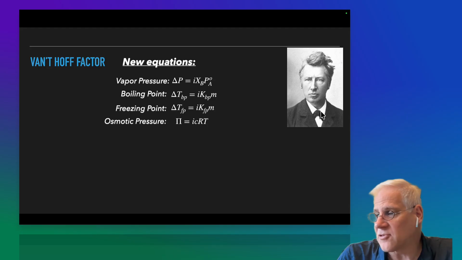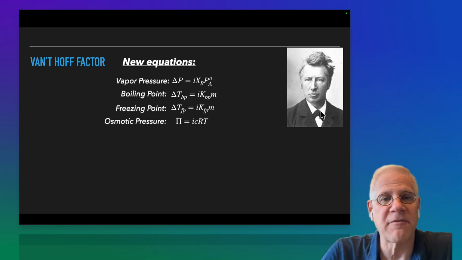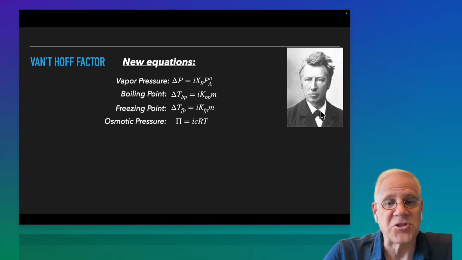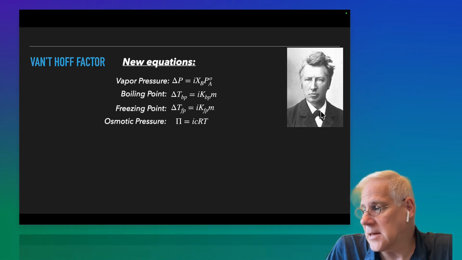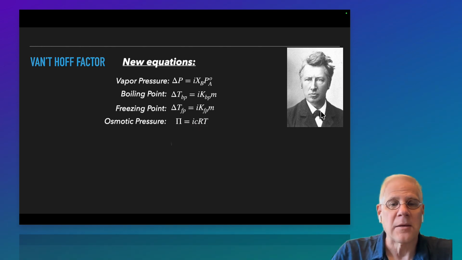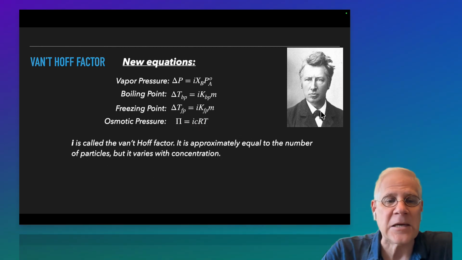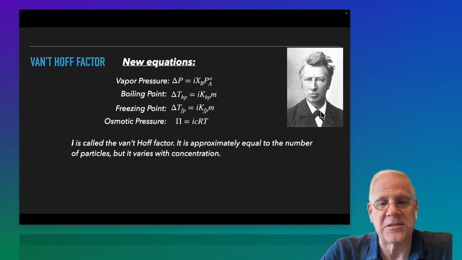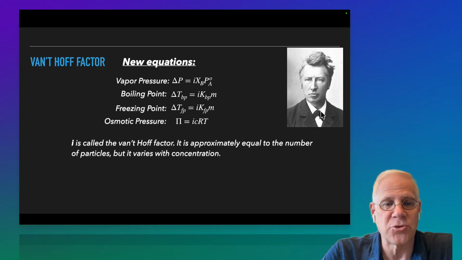So what that leaves us with is something called the van 't Hoff factor. And the van 't Hoff factor is just an i. And we see here all our equations are adjusted by nothing more than placing an i here. Now, i is approximately equal to the number of particles that form, but it does vary with concentration.